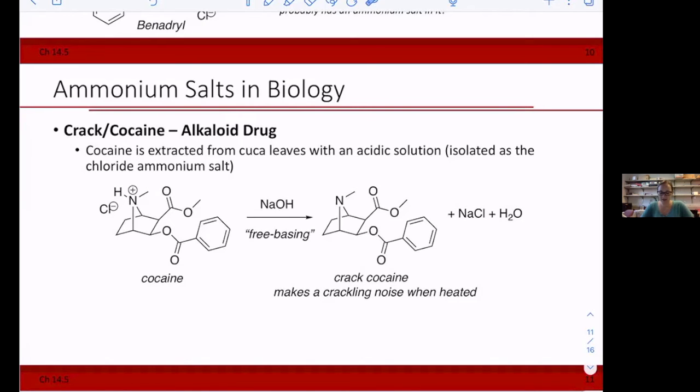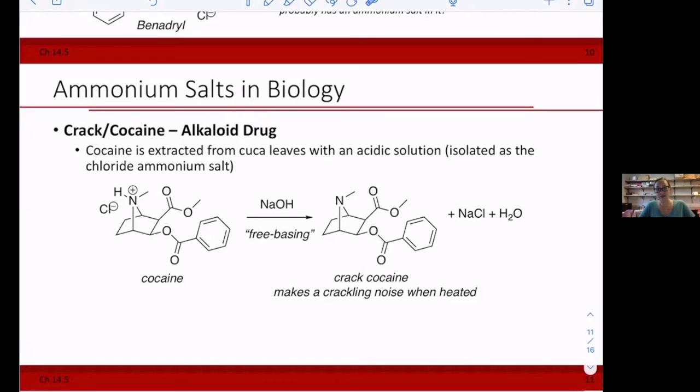Typically you heat this when you do it, and it makes a crackling noise, so that's why it's called crack. And for additional information, typically you don't actually use sodium hydroxide, since if you have any base left in there, it's pretty toxic. It pretty much destroys your cells really quickly.